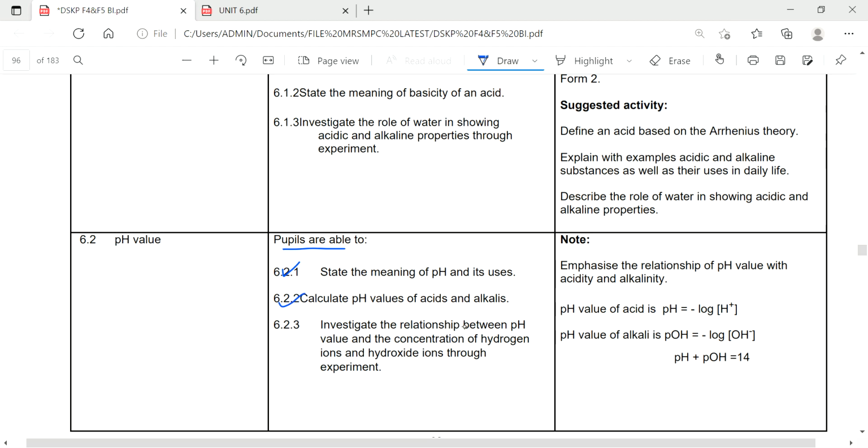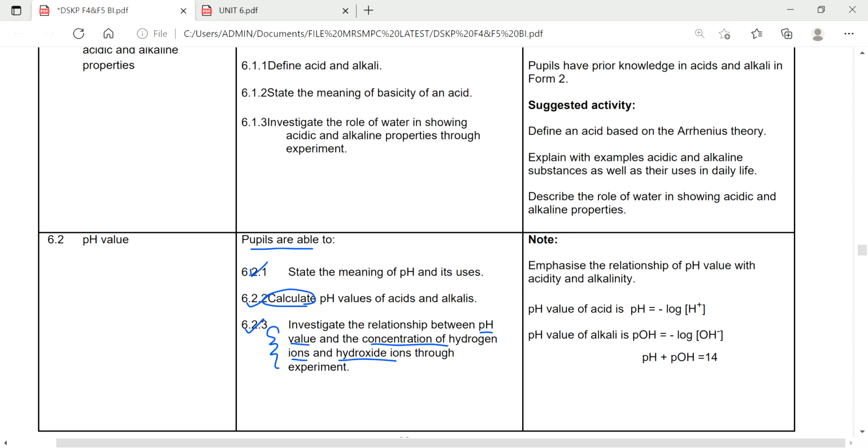Second, calculate the pH value of acids and alkalis. So there are calculations. And last, investigate the relationships between pH value and concentrations of hydrogen ions and hydroxide ions through experiment. This one should be easier for you. Okay, never mind, we will take a look after this.